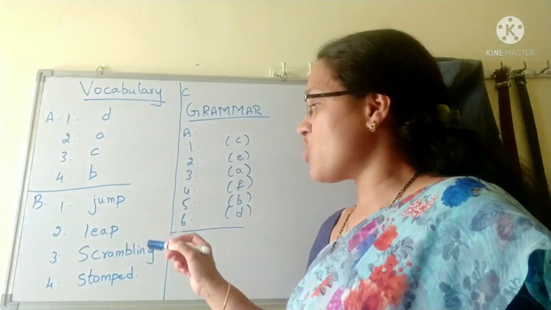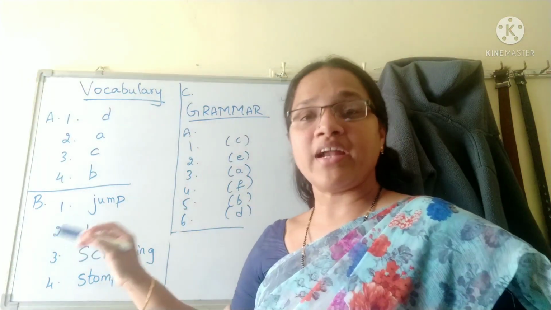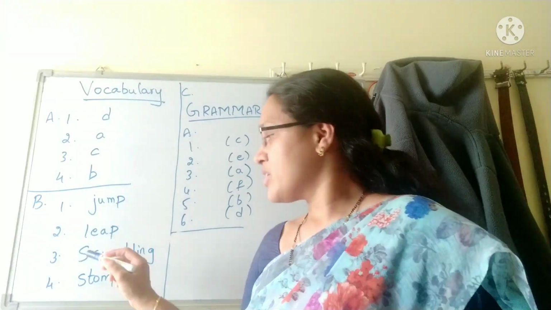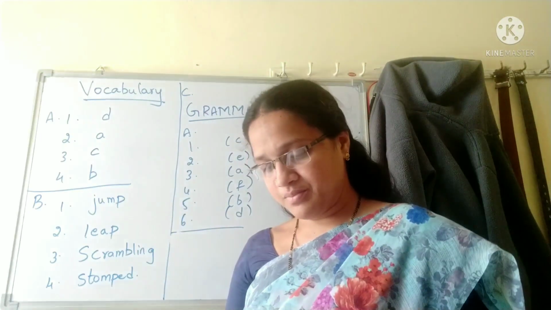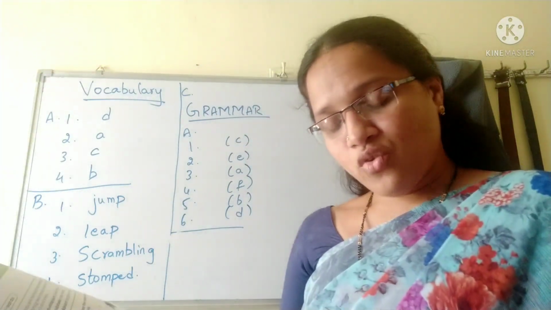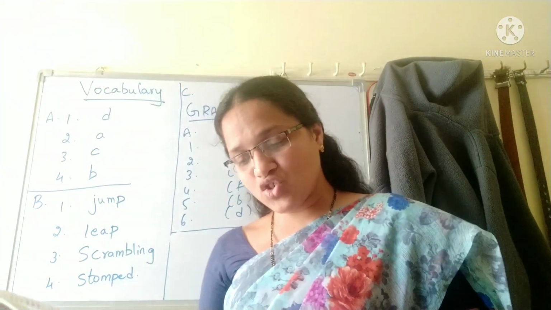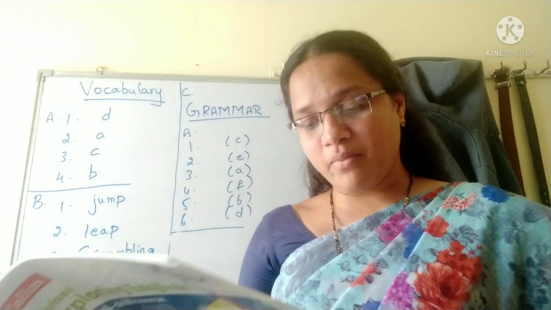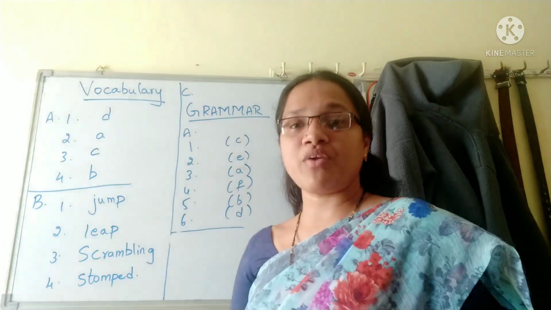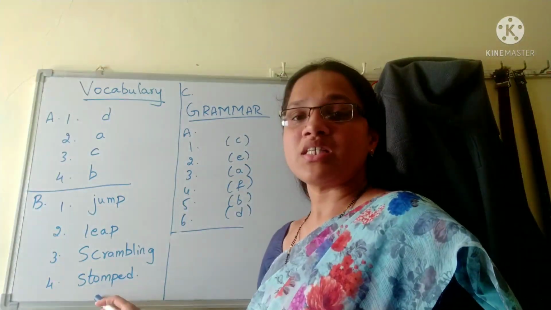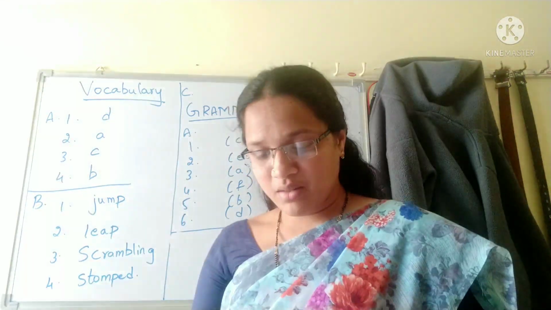Climbing is already given for you, and the second word they kept as an option. So search for the word scrambling and then circle it. Yes. Next one, fourth one. Mona staggered, stomped, scrambled off down the mountain. So what did she do? She stomped off from the mountain. So see the word stomped, the middle word.